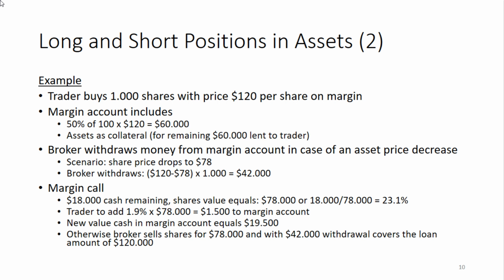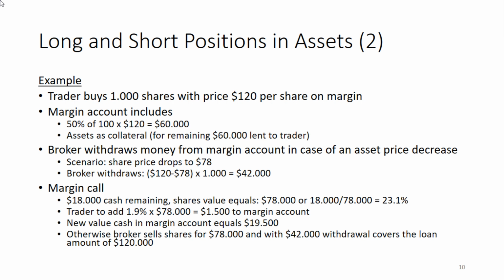If the trader honors that request, it would mean that the margin account will be $19,500. If the trader does not honor that request for whatever reason, so it cannot do it, then the broker will say, well, then I will simply take the remaining shares that are there, and I will sell them immediately. Well, the current value is $78,000.